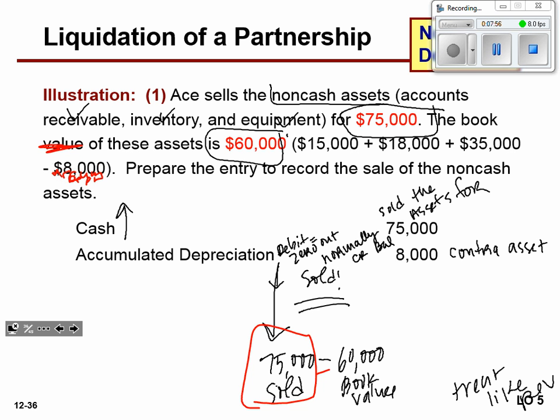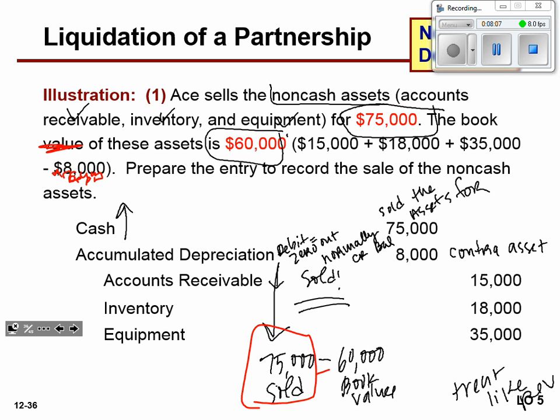Accumulated depreciation was a contra asset that was wiped out. AR was wiped out. Inventory was wiped out. Equipment was wiped out. Normally these 3 have debit balances, but we're zeroing them out because we're getting rid of them. Accumulated depreciation normally has a credit balance because of its contra asset nature.